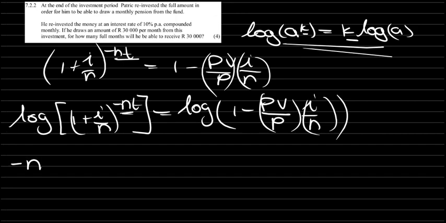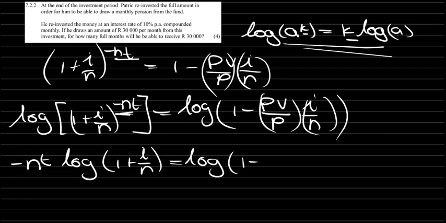Minus NT, actually, sorry, the whole thing: minus NT log of (1 plus I over N) equals log of 1 minus PV over P times I over N. Now what's left to do is divide both sides by log of (1 plus I over N), because we want the NT part. We want to know how many months, and NT represents the months.